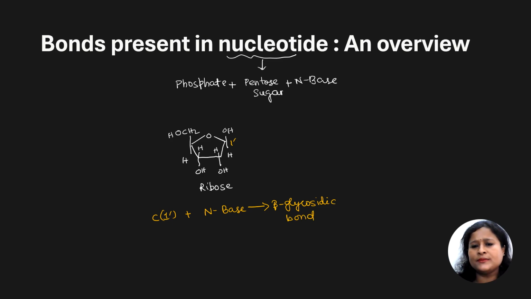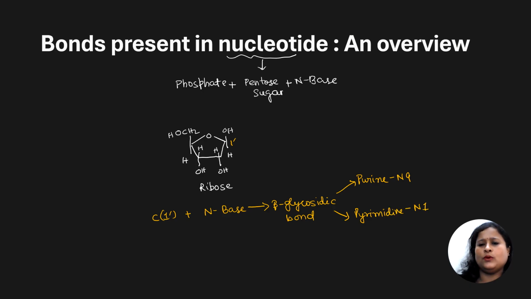Because we use beta ribose here, right? Now this glycosidic bond is formed, if you consider purine, at the N9, the ninth nitrogen atom. And in case of the pyrimidines, N1. Okay, so this is how the glycosidic bond is formed.